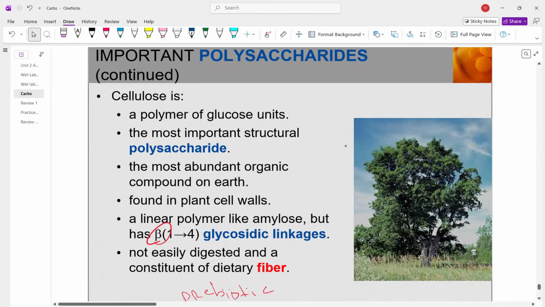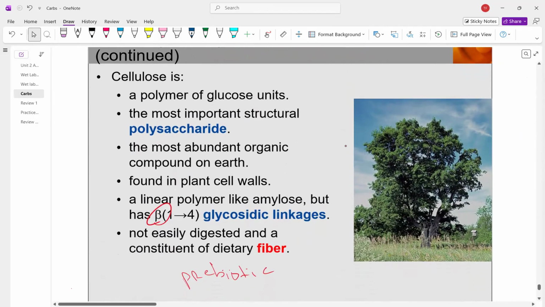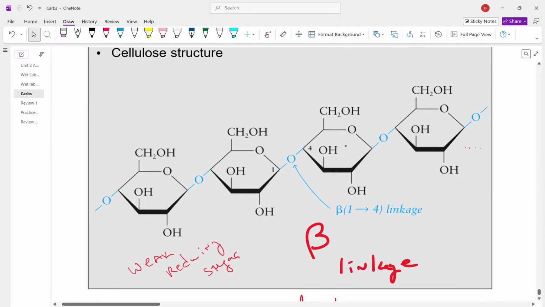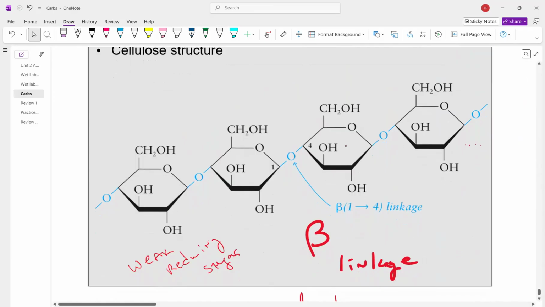Now, the last one is cellulose. Cellulose is the same as starch, only has a different linkage. It's got a beta 1,4 linkage rather than an alpha 1,4 linkage.